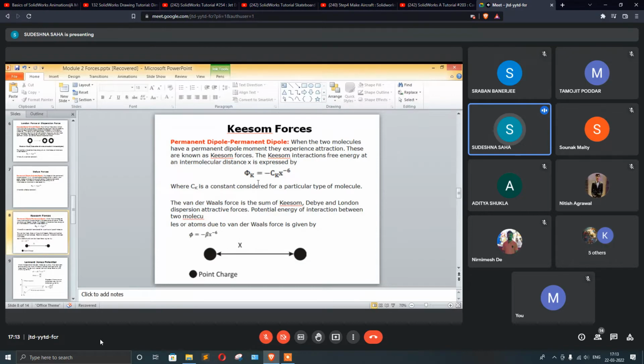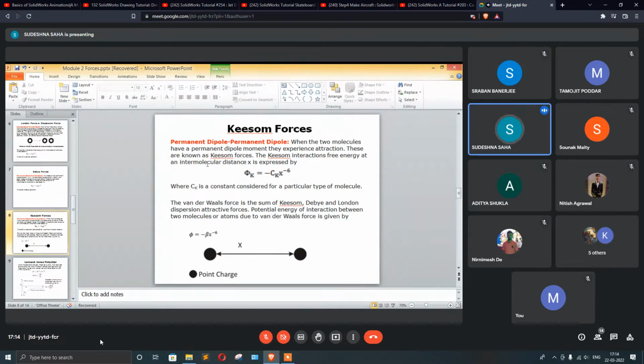What we are mostly interested in is this exponent. They are of the order of minus 6 for all the van der Waals forces. The van der Waals force is a summation of Keesom, Debye, and London dispersion attractive forces, and the potential energy of interaction between two molecules or atoms due to van der Waals forces is given by this generalized formula: phi equals minus beta into x to the power minus 6.